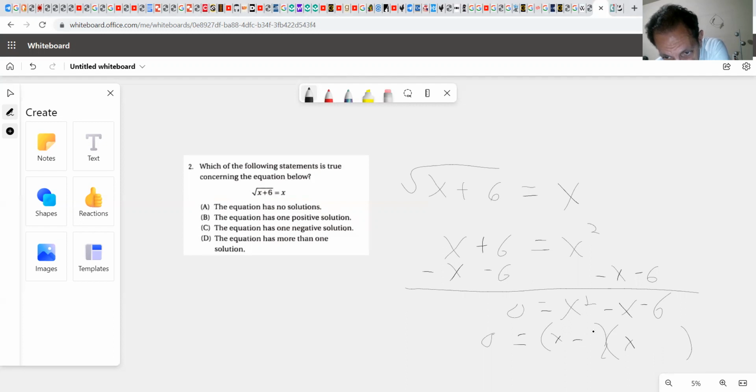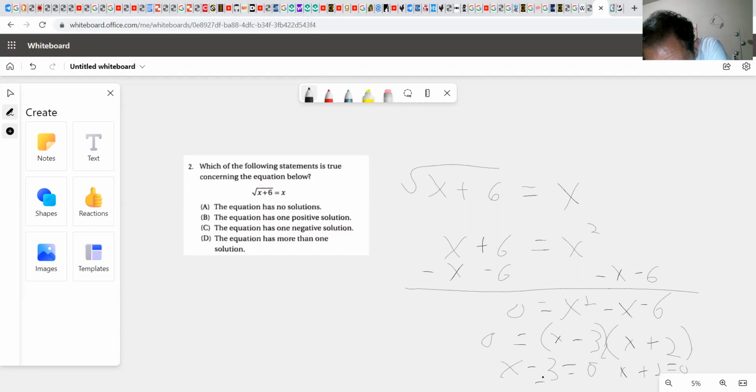Well, negative 3 times positive 2. Negative 3 added to positive 2 gives you negative 1. So these are the factors. You wind up with x minus 3 equals 0, or x plus 2 equals 0.